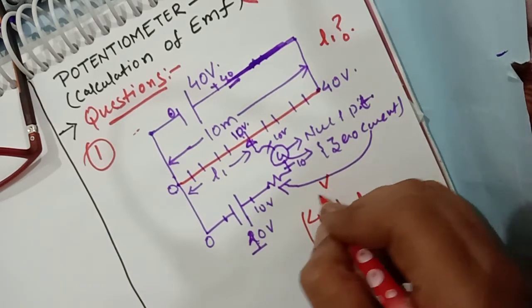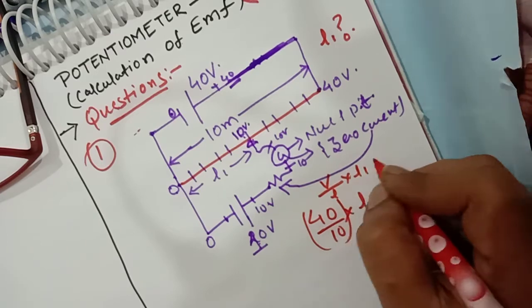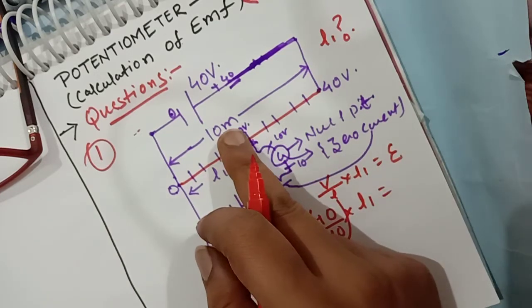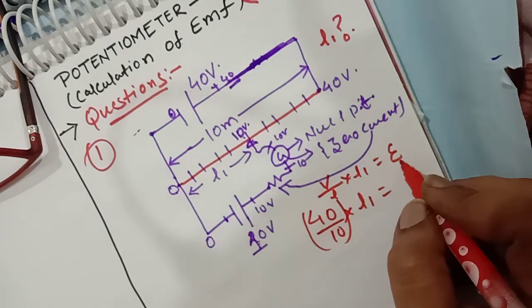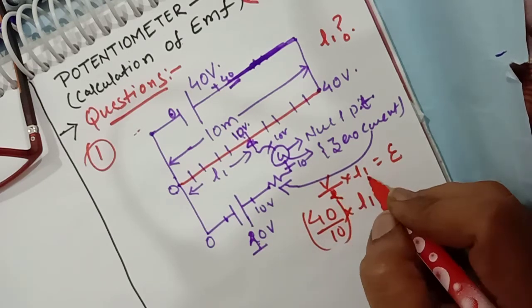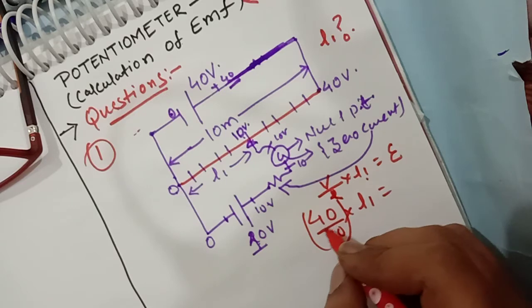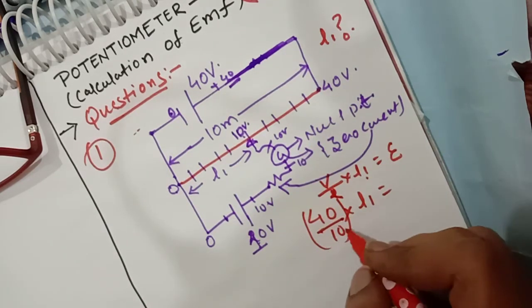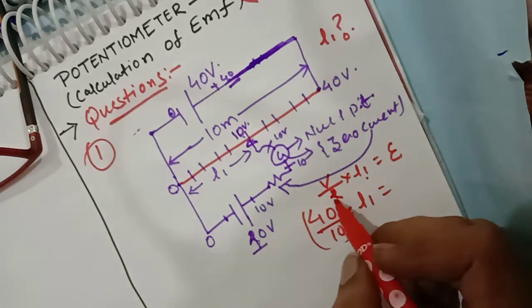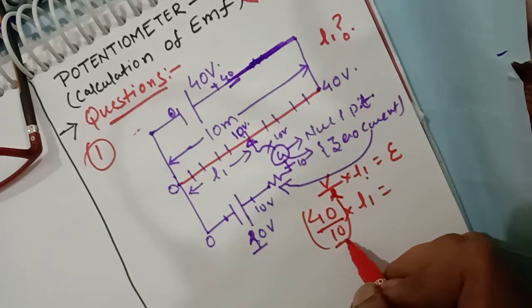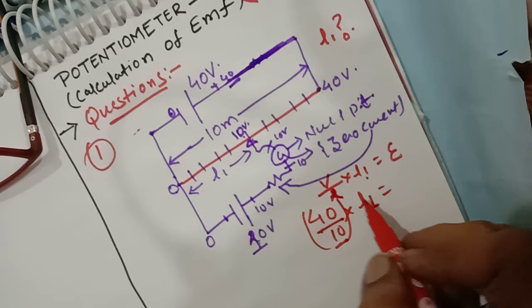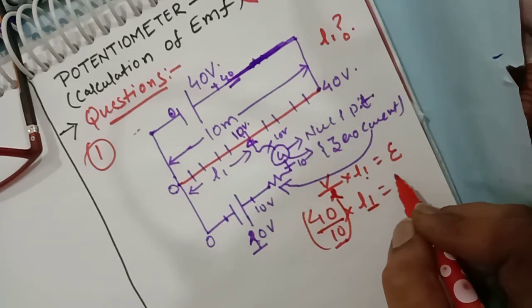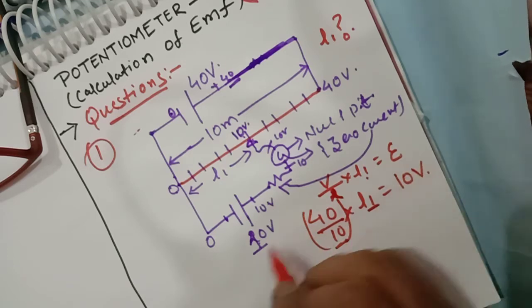It was V by L into L1 equals E, right? Here E is the total voltage across the wire divided by the total length, which was 10 meters, into L1, which we have to find. And what is E? E is 10 volts.